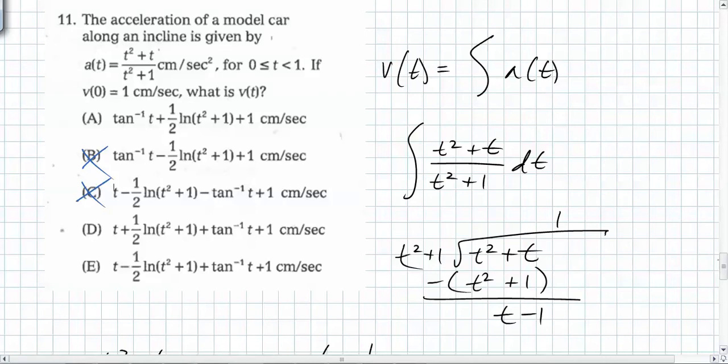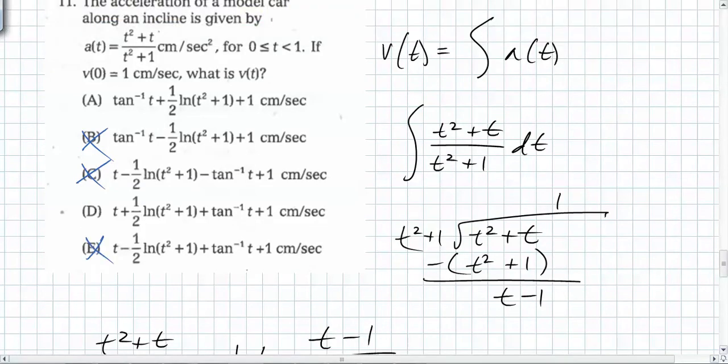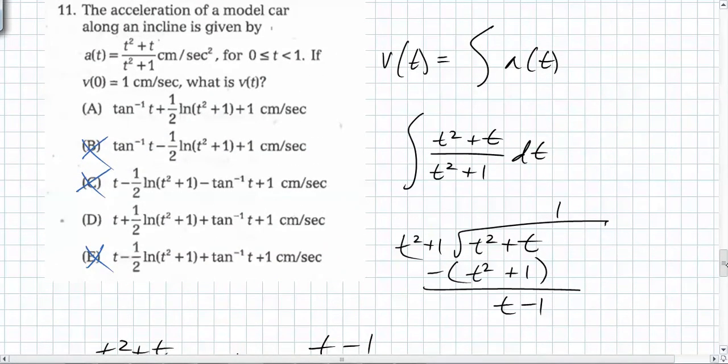Uh-oh. Did I lose a negative sign somewhere? I think it's D, isn't it? No, the answer isn't even here. It should be minus the tangent, right? It should be plus the 1/2 and minus the tangent. Yeah, so let's say, I'm going to change it. Yeah, there it is. Yay. Okay.